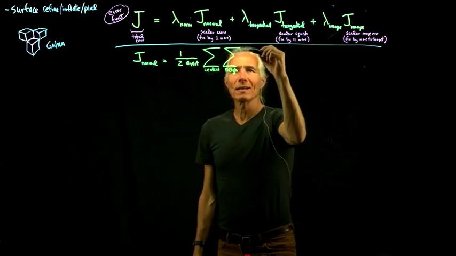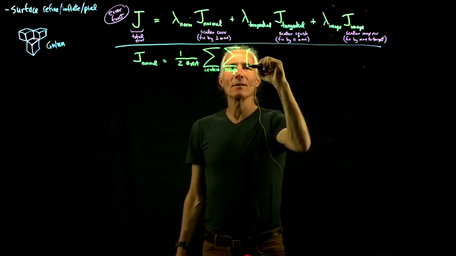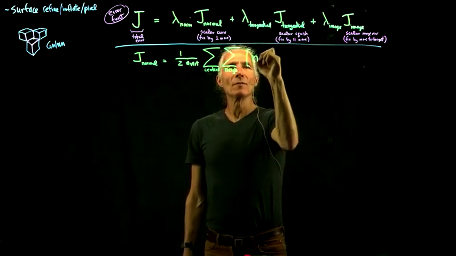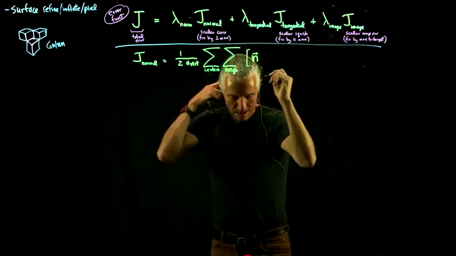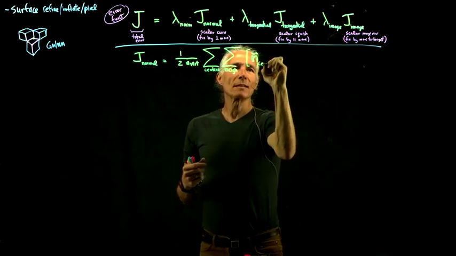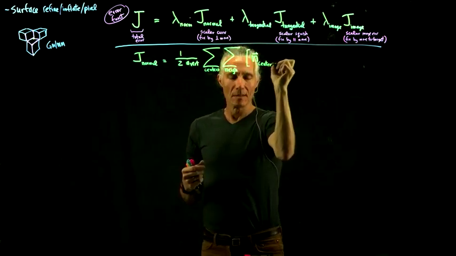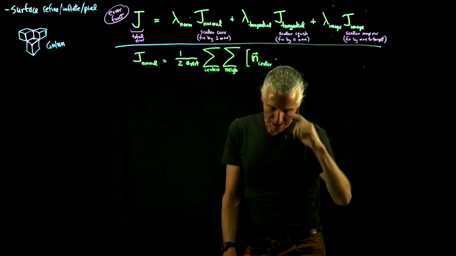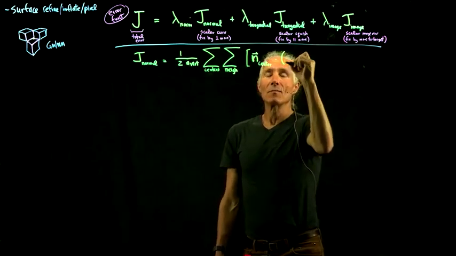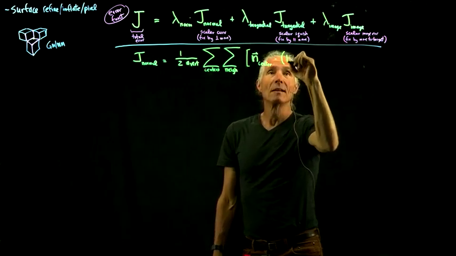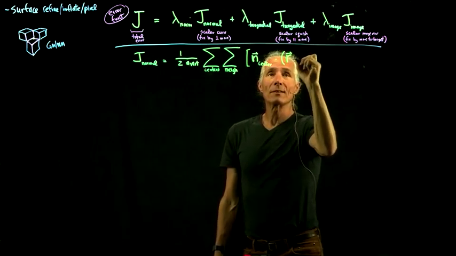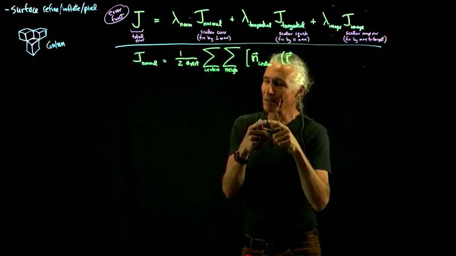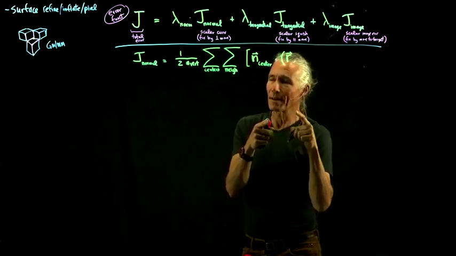And then what are we summing that actually is the error? So the error is the normal vector at the center, dot producted with the vector that I drew that goes from the center vertex to one of the neighbors.